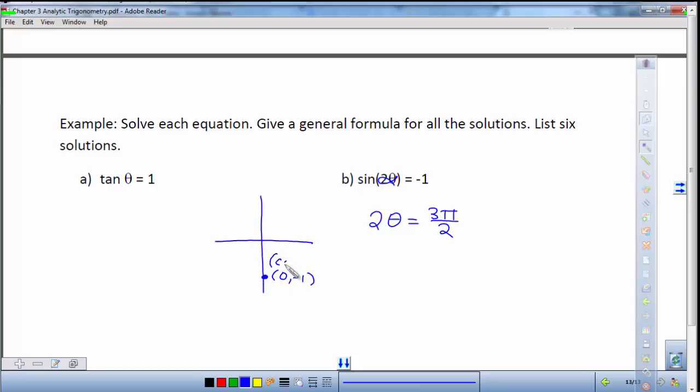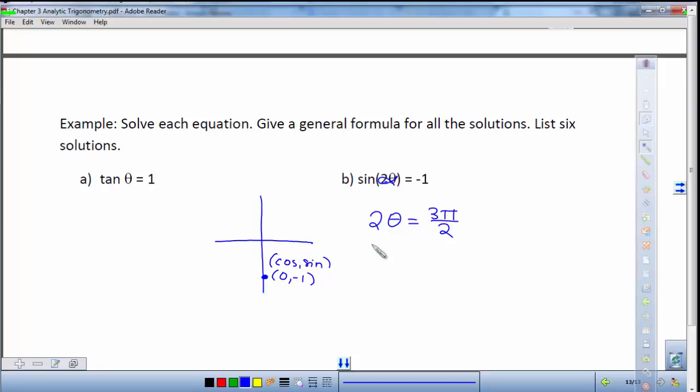Remember, on the unit circle, we can think of this as cosine and sine, right? So sine of 3 pi over 2 is -1, okay? But here's our angle. Our angle's not just alpha, it's 2 theta. So we need 2 theta to equal 3 pi over 2. Does that make a little sense?